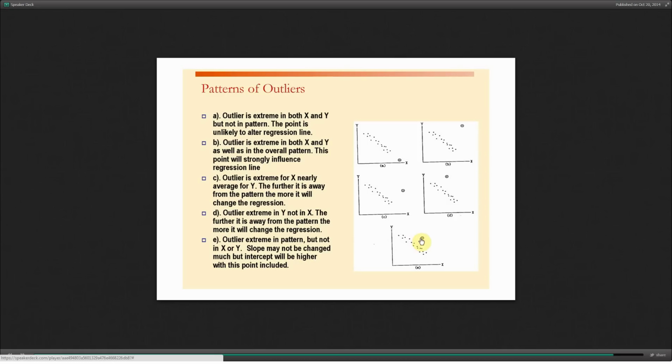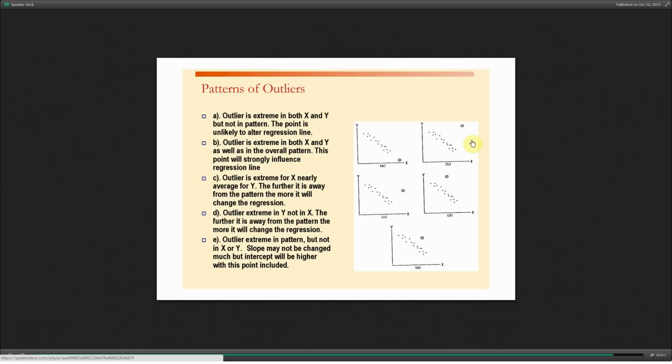Now, this one's an extreme in the pattern, but not in x and y. In other words, it's in the range of both x and y, and it's not going to change the slope of the line. It's on the slope, but what will change is the intercept. So instead of crossing here, it's going to make it cross up here.